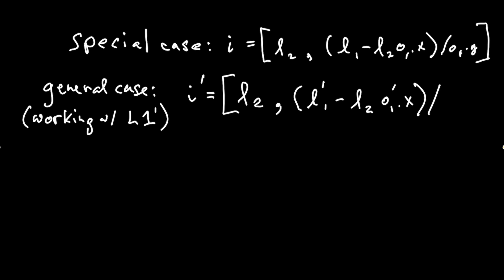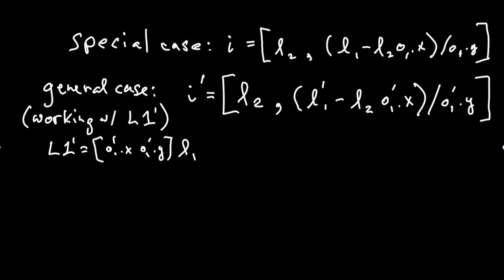And we're going to divide by O1 prime dot y. So we're just making sure that we're using L1 prime is equal to O1 prime dot x, O1 prime dot y, and L1 prime.